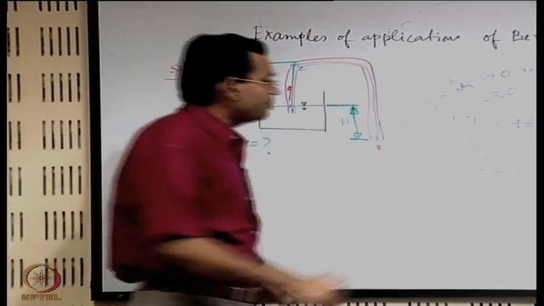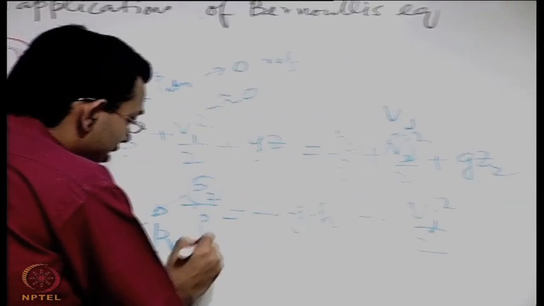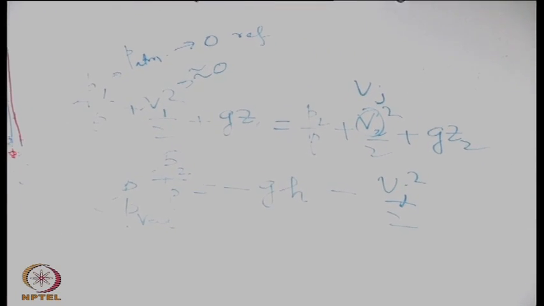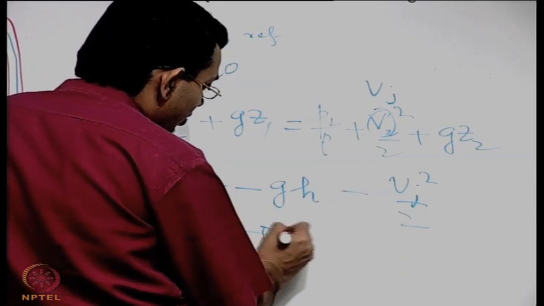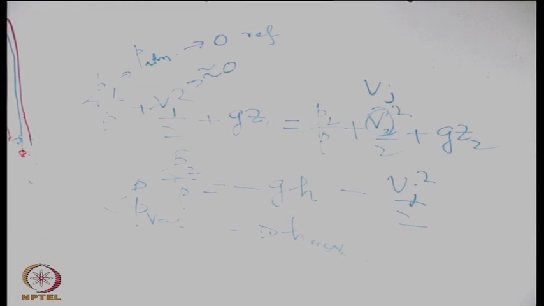So that means we are keeping a restriction that P2 must be greater than the vapor pressure at that local temperature of the fluid. Then you can see that you get one H max from that, and that is the maximum H with respect to which you should design your system, so that you do not have a problem with formation of vapor.